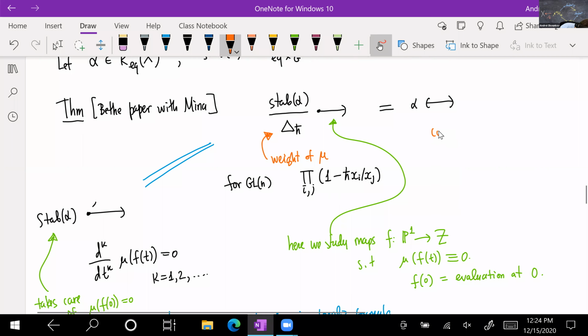So this would be compare and contrast with Smirnov's formula.